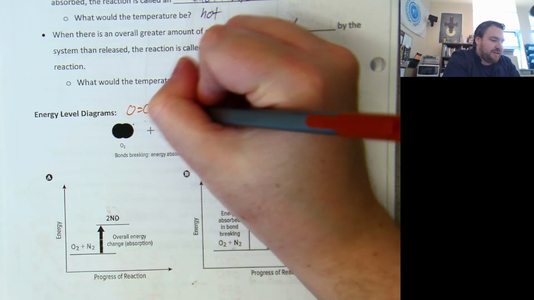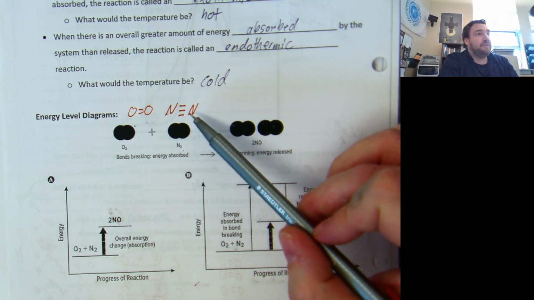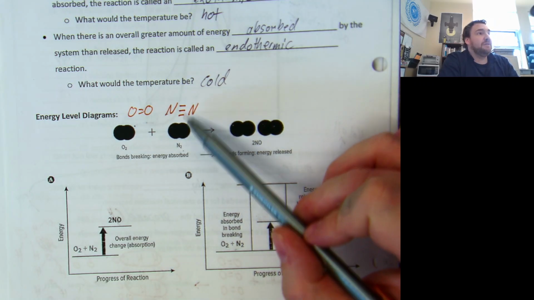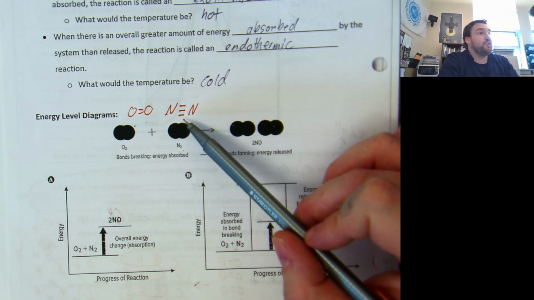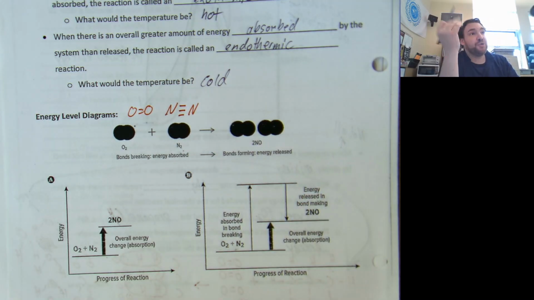Oxygen has a double bond, nitrogen has a triple bond. This bond is too big, or too strong for your body to break apart. And so you need to find nitrogen other places. You find your nitrogen by eating vegetables. I'm not trying to be your parent here telling you to eat your vegetables, but that's where it comes from.